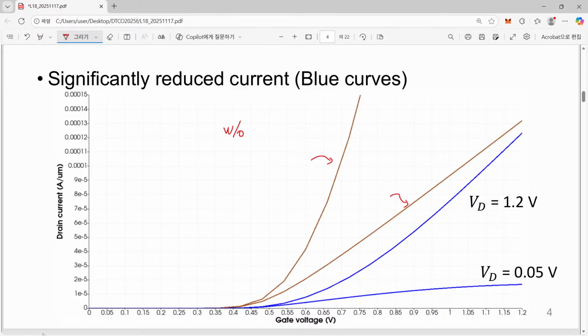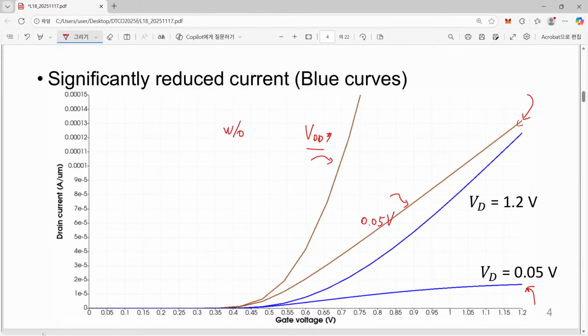So this is with VDS equal to VDD, a relatively low bias condition. So we must compare these two, this curve and this curve. Once again, this brown one is without the mobility model, and this blue one shows the result with the mobility model. So can you recognize the difference?